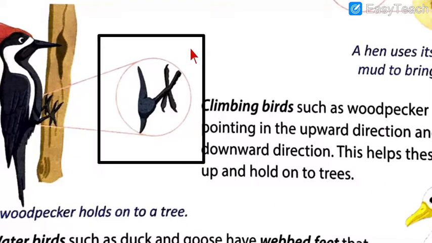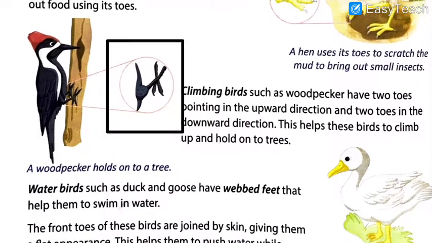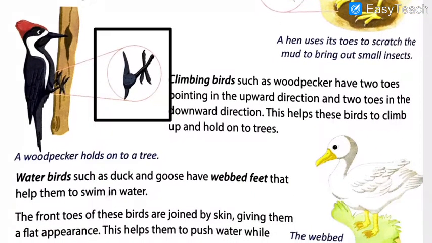Have you seen a tripod stand? Correct? So their legs look like a stand. If you can see, two toes are in the upward direction and two toes are in the downward direction. So these birds are called climbing birds.